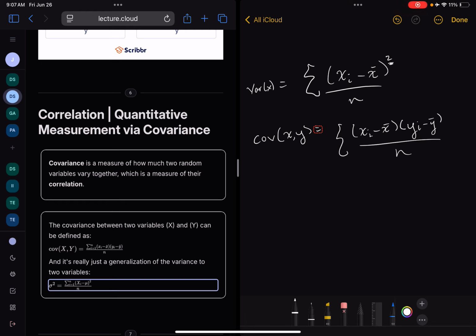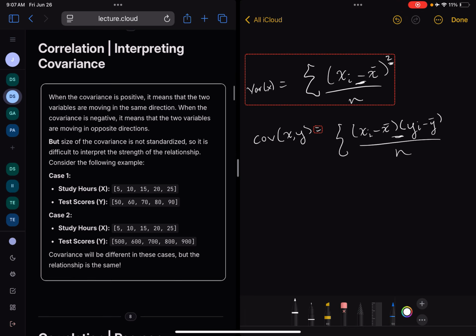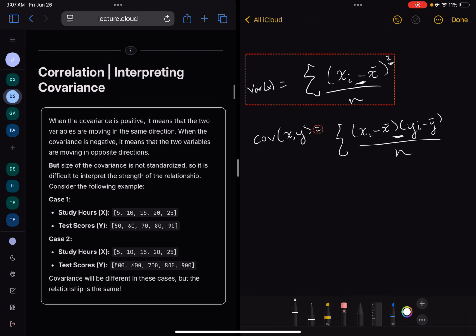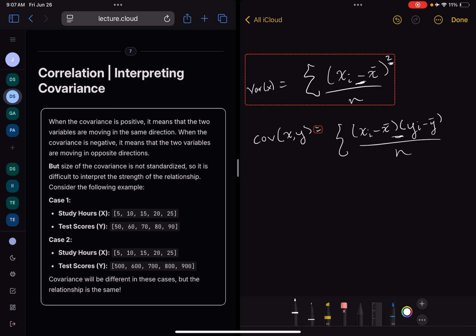So instead of just comparing the way that x moves against x, now we're going to compare how x moves with y. And so that's covariance.